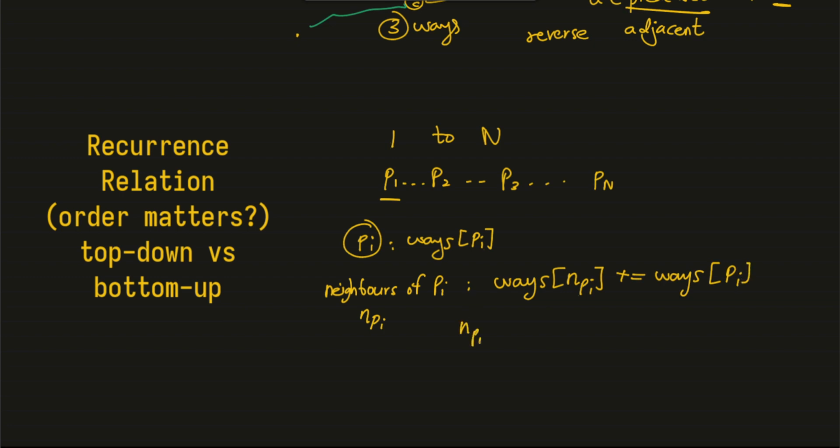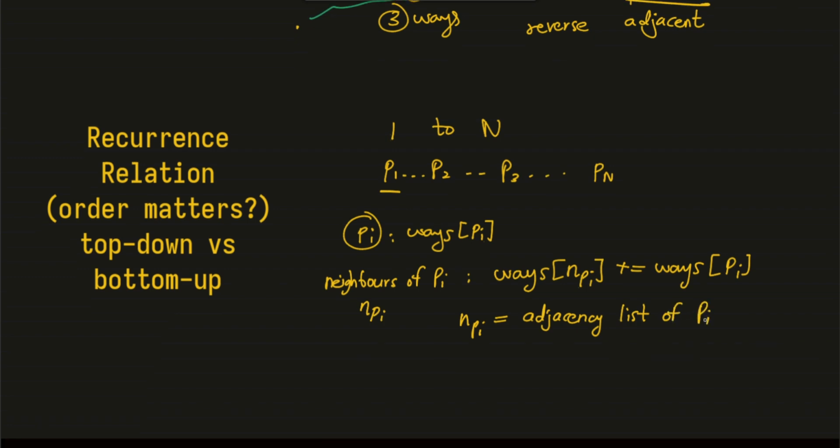So n of pi is basically the adjacency list of pi. This is how we are going to update the answers, and the recurrence relation looks as this. And the base condition is the starting node, which was 1, 1, saying that there is one way to arrive here, and the answers would be updated in this fashion.